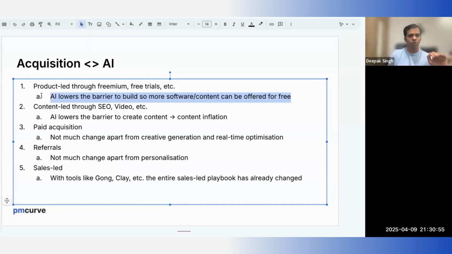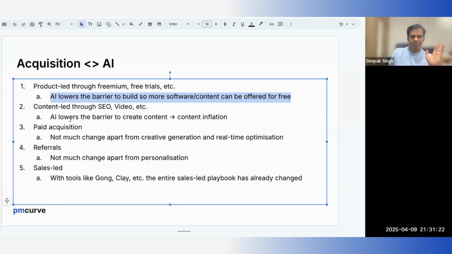Even if you don't want to do anything about it, you should be studying your competition's freemium or free trials very, very closely as a growth PM. We would not have been saying this 2 years back, because 2 years back, it was constrained by development velocity and all that. But now that those equations have changed, the laws of physics have changed in that sense, you should be looking closely at your competitors, if not doing anything about it.